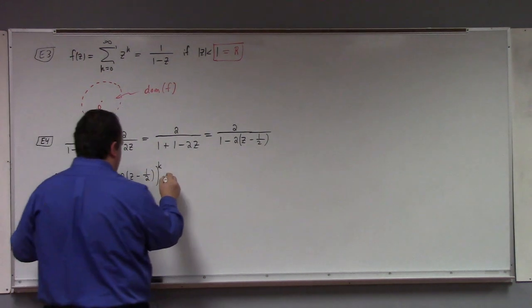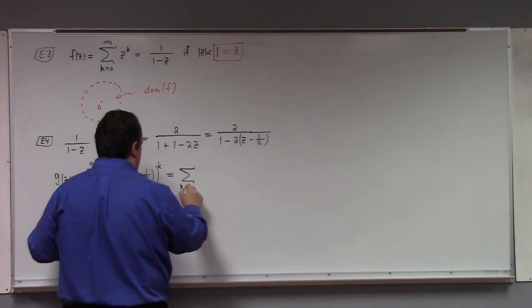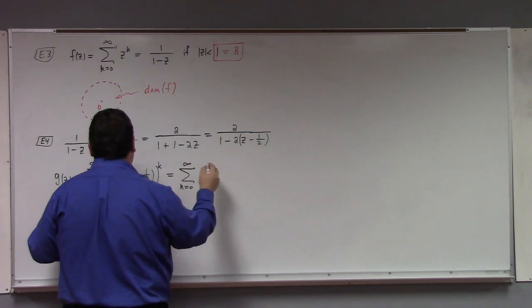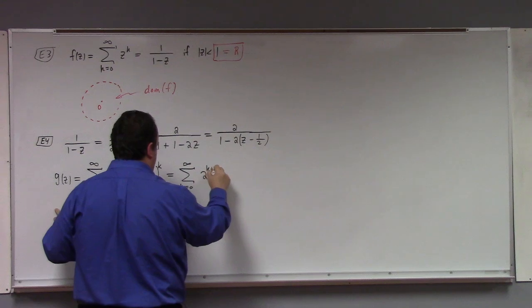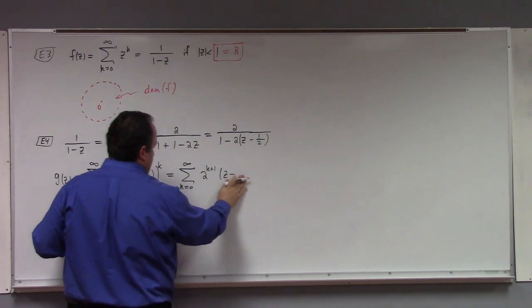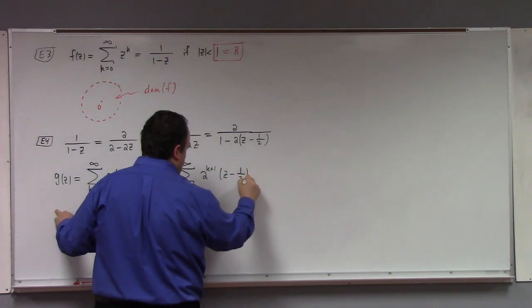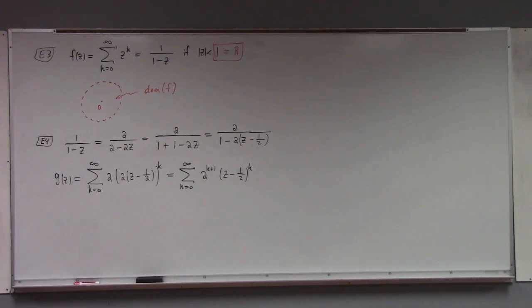A power series for us has a specific form. Now you'd be like, well, you're just being a stickler. Well, that's true. But we have 2^(k+1) times (z minus 1/2)^k. Now, with that, we have a power series.